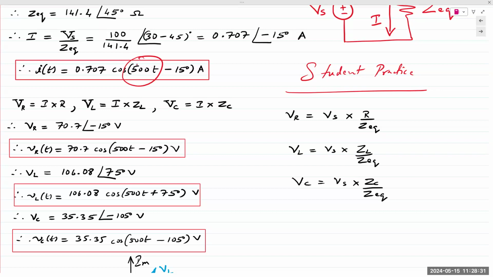So the time domain function of the current is magnitude 0.707, cos of 500t, phase angle minus 15. That's how we write the inverse phasor transform. Okay, makes sense to everyone?